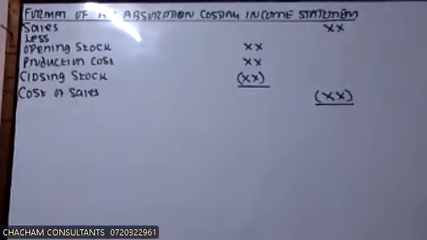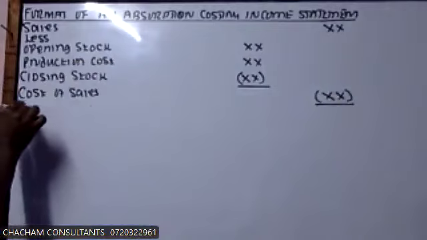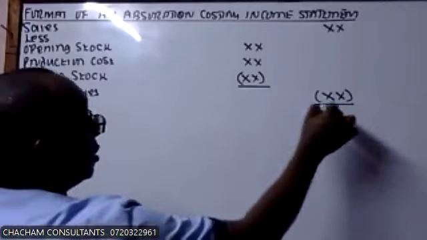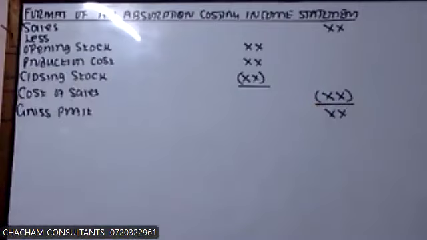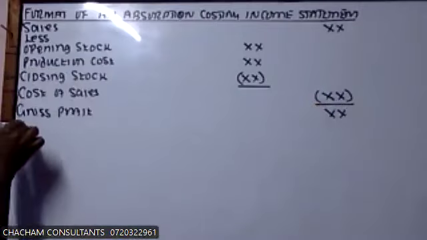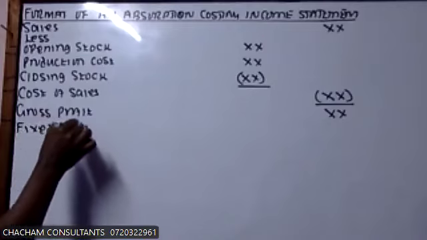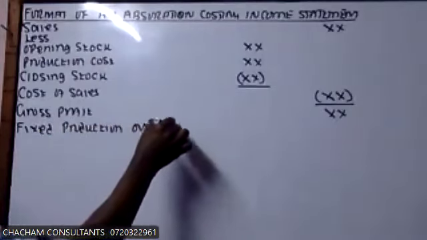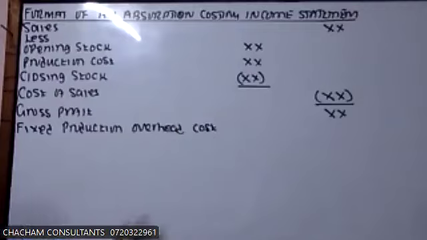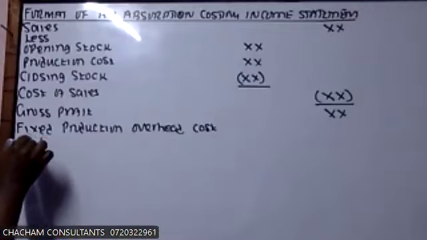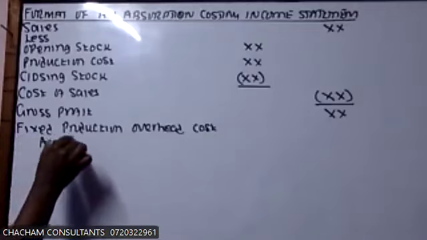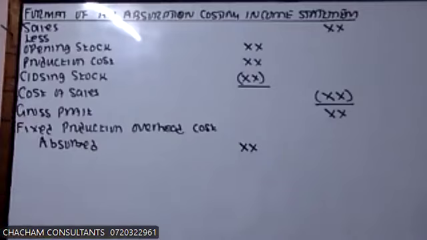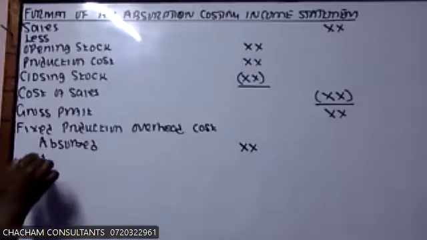When you get the cost of sales, you get the gross profit. Then you say fixed production overhead costs. We start with absorbed, then you bring the actual.